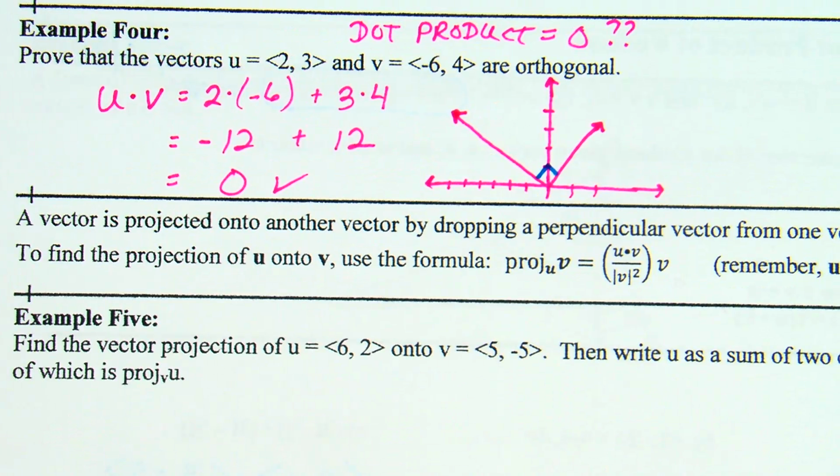So, here's what I'm going to tell you to do. I'm going to give you the homework assignment. On this homework assignment, you can do all but the last 2 problems. I have covered everything else but 25 and 26. 25 and 26 have to do with vector projections, which is what I have not talked about. So what I'm asking you to do is go home and do the homework tonight, all but 25 and 26.